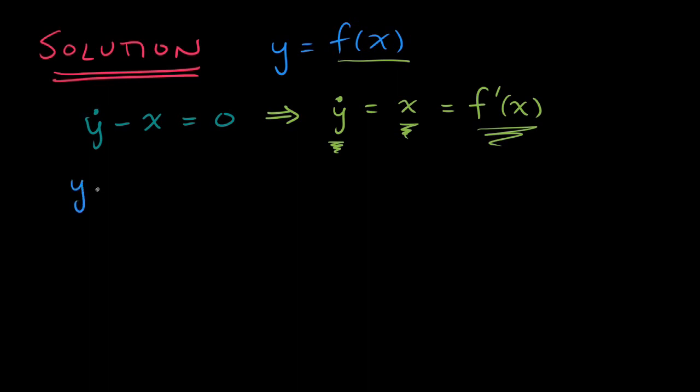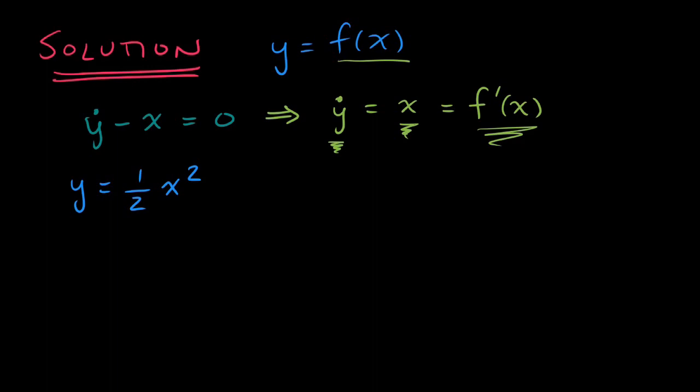It would be y equals 1/2 x squared. Okay, so think about that. If I take the derivative of y, I'm going to take the derivative of 1/2 x squared. It's just a polynomial derivative type concept, right?